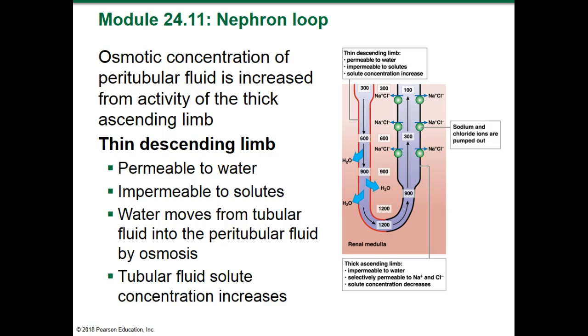We start at 300, 600, 900, 1200, a little change here, and then finally we get back to 300. But it increases from there to the bottom of the tube in the descending loop. But going down in the surrounding fluid, we increase. So they're talking about going from top to bottom.